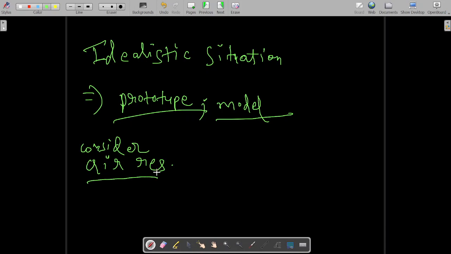The air resistance acts randomly. If such a question is given, do you think it can be solved? The answer is no. Physics and mathematics cannot solve such a question on paper. Such a question will have to be solved with the help of experiment.